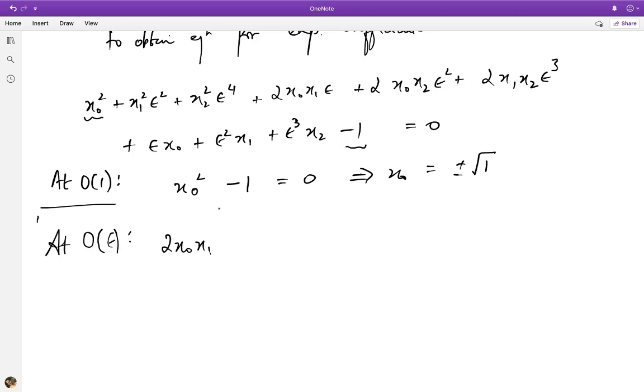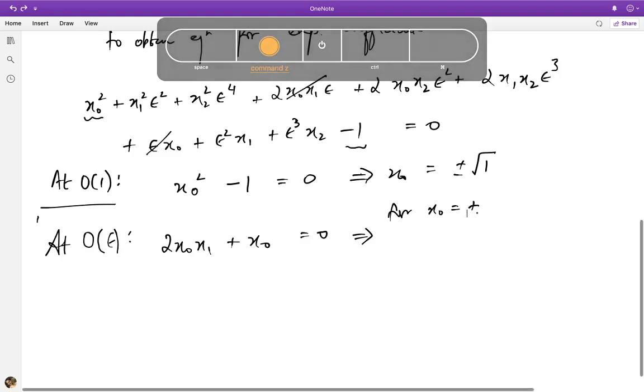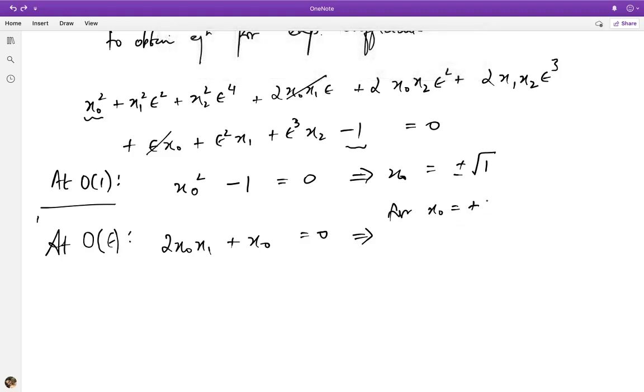I'll strike off these terms as I write them down here, just for bookkeeping. So that's one term of order epsilon. You have another one here, plus x naught, and that's it. So this must be 0, which implies, for x naught equal to plus 1, let's take the positive branch of solutions, then x1 is minus half.